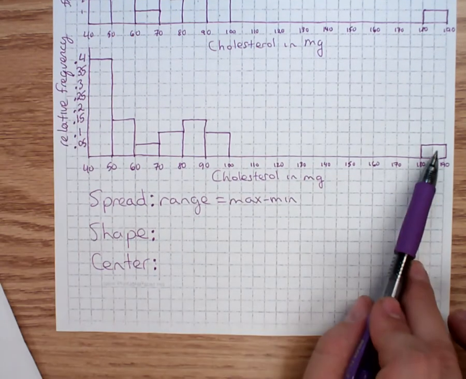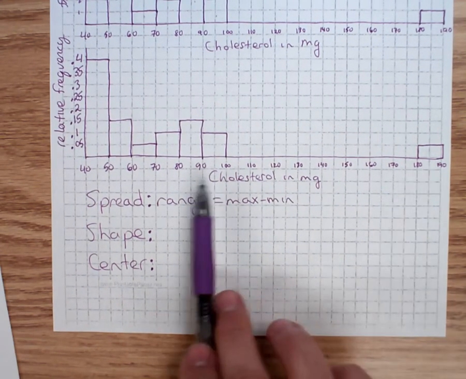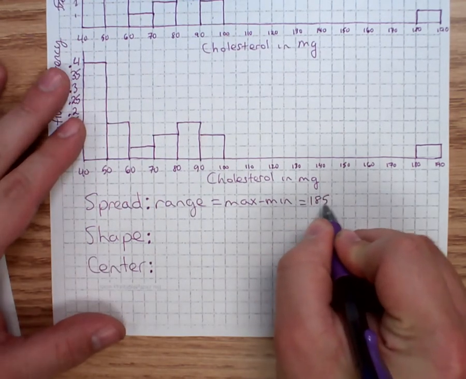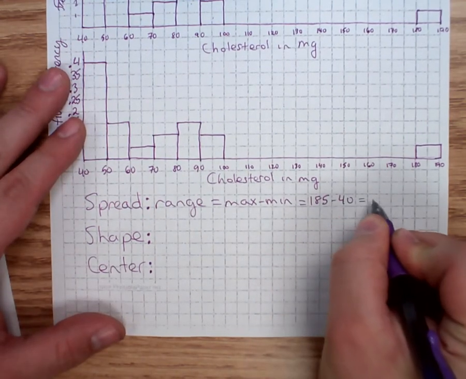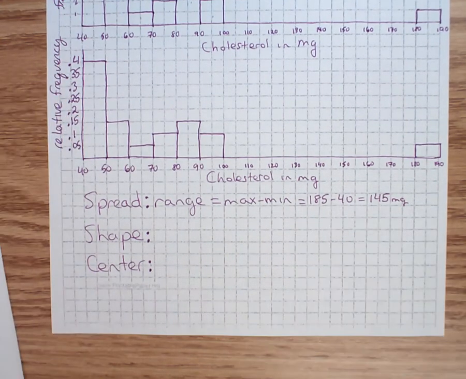So what was our max sandwich? Do you remember? 185. 185 minus our minimum, which was? 40. 105. It's 145 milligrams of cholesterol.